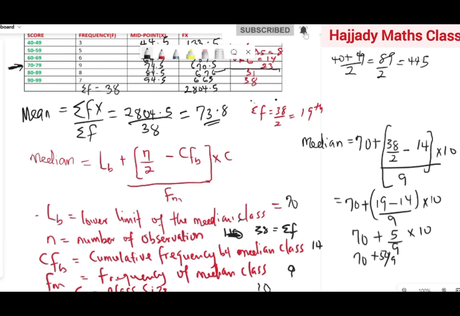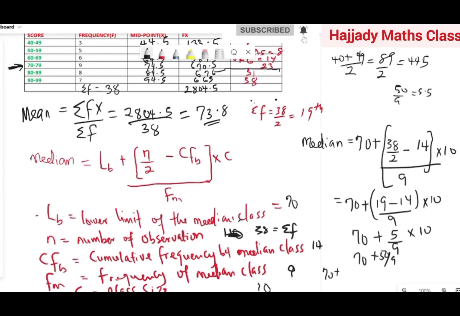So we are going to have 70 plus 50 over 9, because I am doing this without using calculator. We know that 50 over 10 is 5, right? So let's do that somewhere here. We have 50 over 9. 9 in 50, 9 times 5 is 45, right? So you have that as 5. So you can have that as 5.5. Okay?